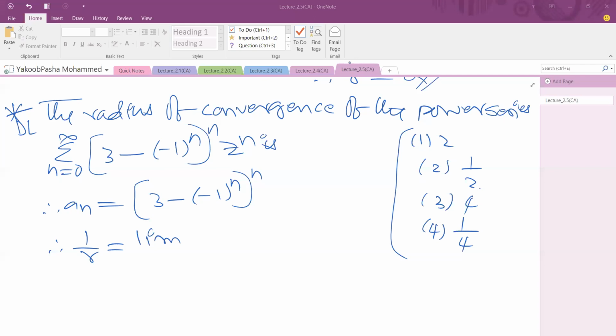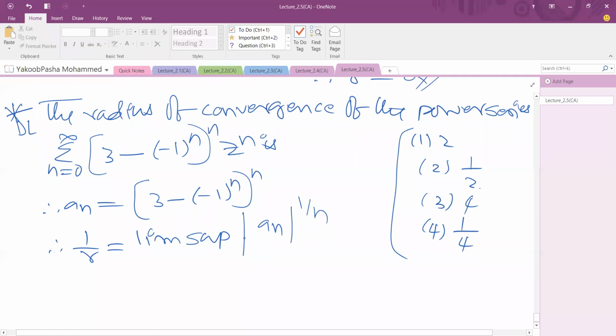We can take the supremum. Limit supremum modulus of an whole to the power of 1 by n, that is equal to limit supremum modulus of 3 minus minus 1 to the power of n whole to the power of n whole to the power of 1 by n.